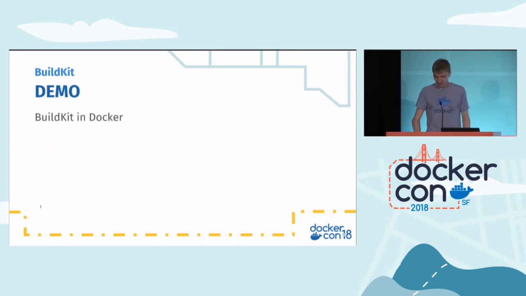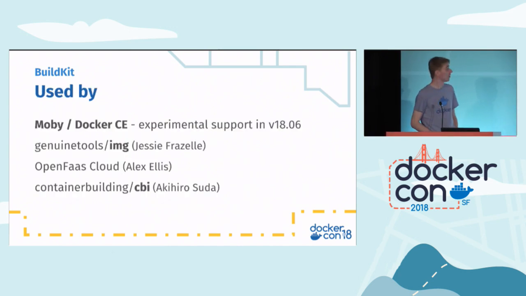So let's go back to the slides and give some more quick updates. As I showed you, it's in Docker CE now, or it will be in the next version. It's available in the nightly build at the moment. There are some other projects that have started using BuildKit. We have img, a standalone, unprivileged version of a builder that uses BuildKit under the hood.